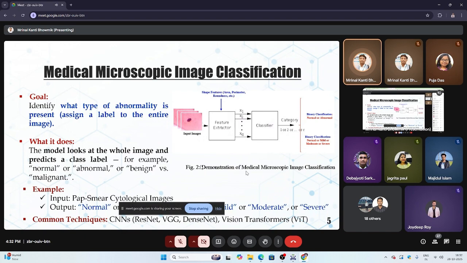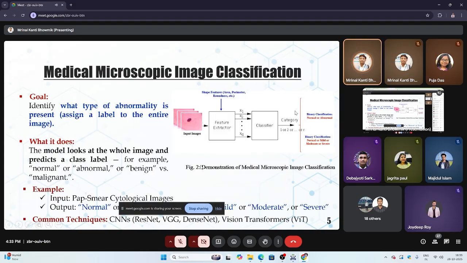Next comes medical microscopic image classification. The main goal of classification is to identify what type of abnormality is present. It assigns a class label to the entire image. The model looks into the holistic microscopic image and predicts a class label. For example, in binary classification, it tells whether the cell image is normal or abnormal.